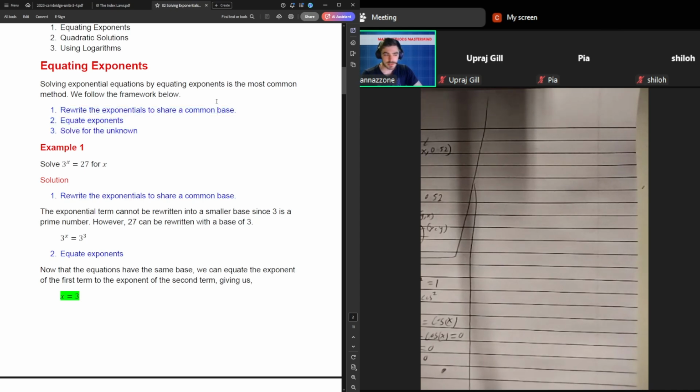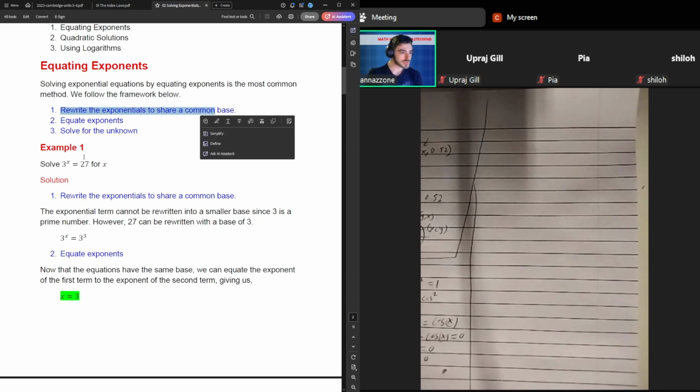The whole idea is that, all else being equal, if two sides of your equation look more or less the same, then you can ignore the vast majority of it and only focus on the bits that are different. We use this principle in the equating exponents approach by rearranging all the terms to have the same base.